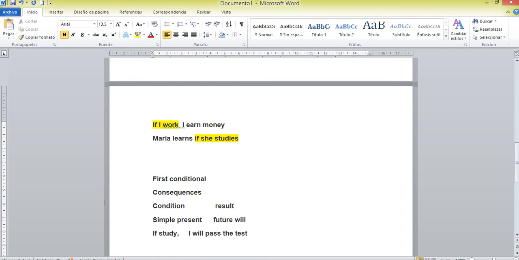Okay, condition, if I study. This is the condition, you see? So this is the condition, and the condition is in simple present. And I have a result. What is the result? The consequence. What is the consequence if I study? Okay, the consequence is that I will pass the test, and it is in future, will, the result.